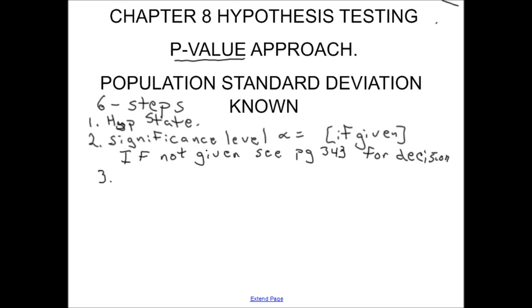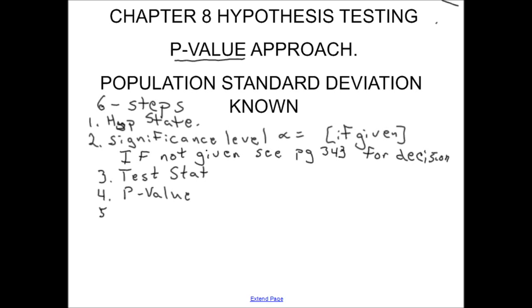Third step is the test stat. Fourth step is calculating a p-value, which we'll discuss in just a second here.